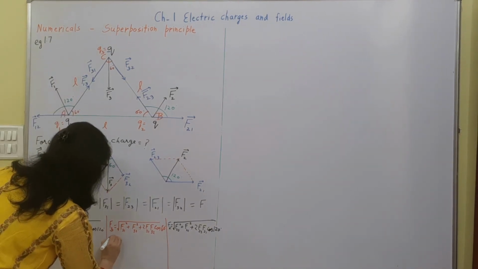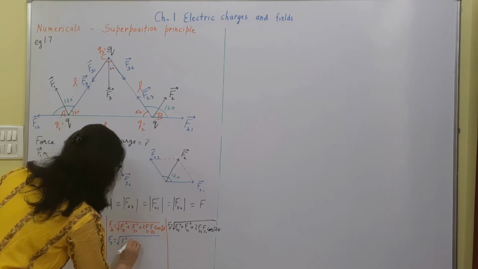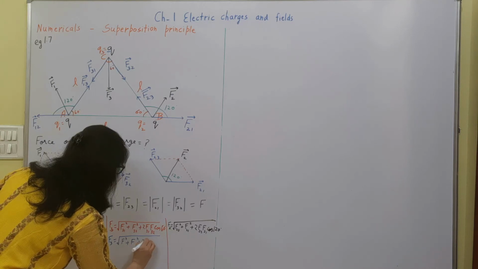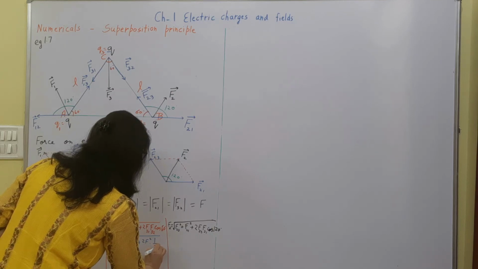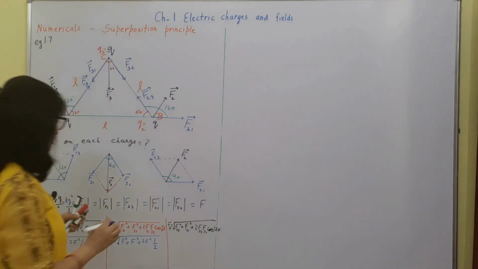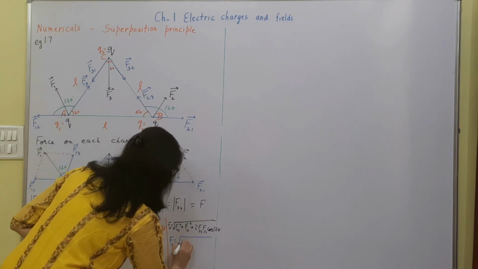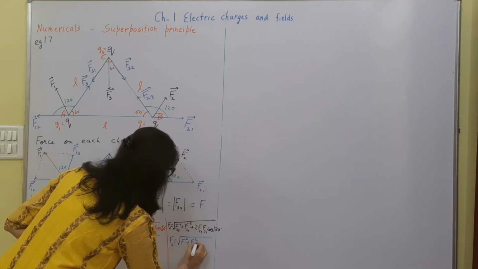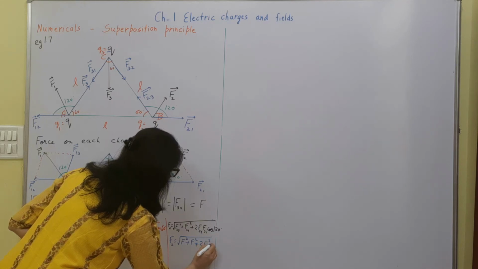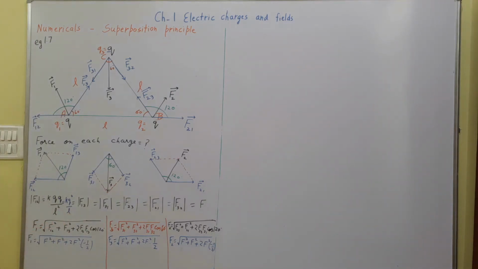Similarly, F3 can be written F square plus F square plus 2F square, and cos of 60 degree is 1 by 2. Similarly, F2 can be written under root of F square plus F square plus 2F square. Cos 120 is minus 1 by 2. Right? I hope the things are easy to understand.